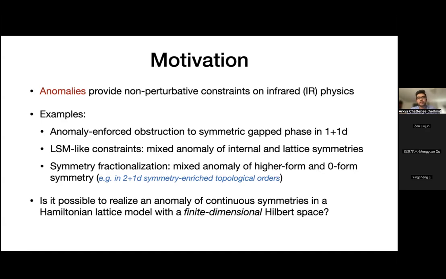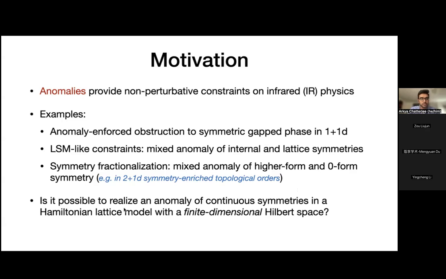And so this tells us that it's interesting to realize whenever a UV microscopic model has certain anomalies. Once you've identified such a structure in the symmetry, you can get various constraints on the infrared low energy fate of that model.